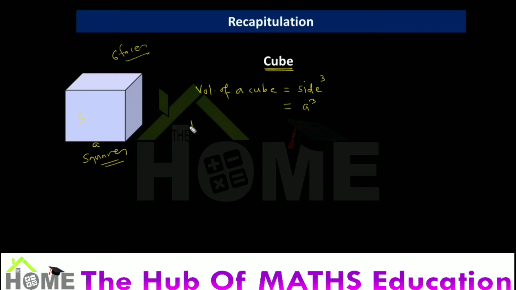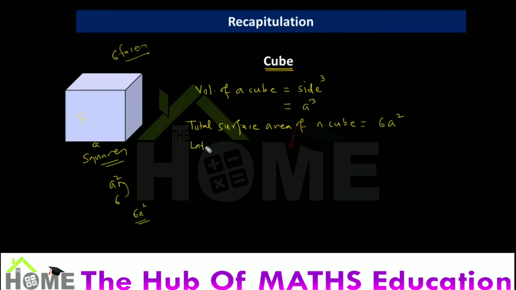Then the total surface area of a cube will be equal to 6 into a square, because the area of one square is side into side, that is a square, and there are such 6 faces, so the total surface area will be 6a square.